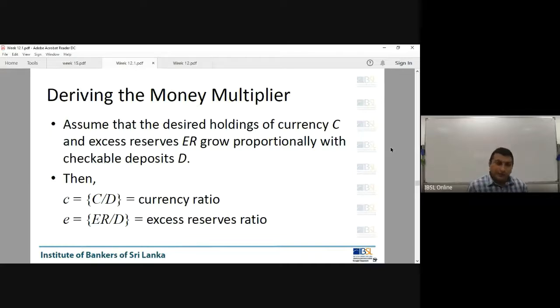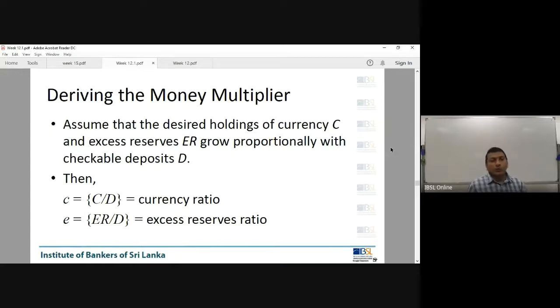Then you also see excess reserve ratio, which is small e, which is nothing but excess reserves ER over D. So you already know what a required reserve ratio is, right?